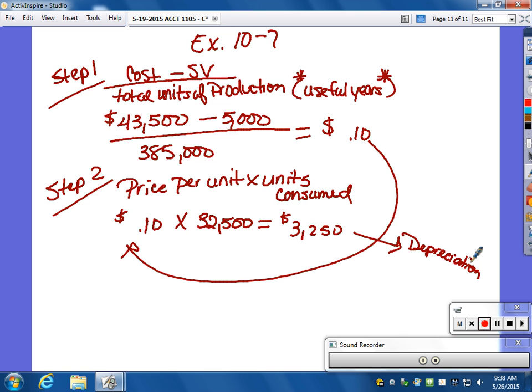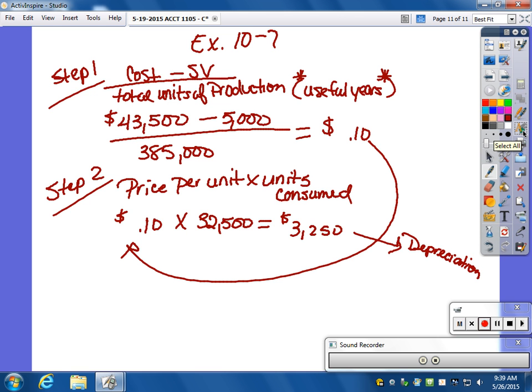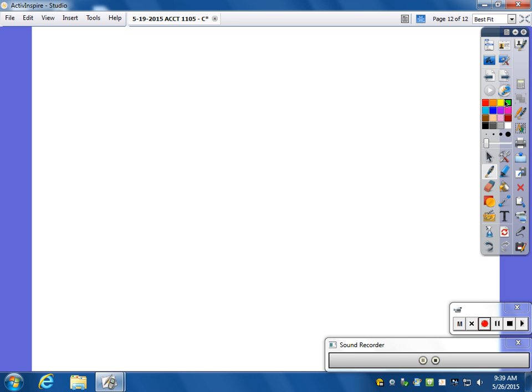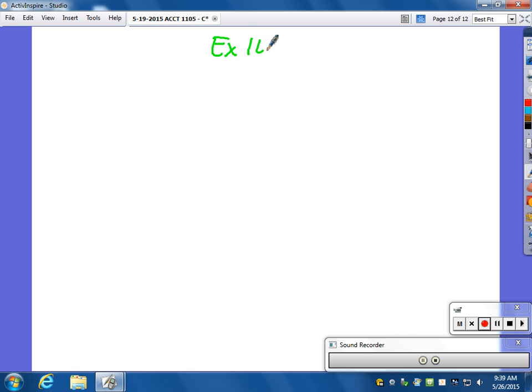Uh-huh. 10-8 now. So double declining, that also has two steps. What's the double declining step one?